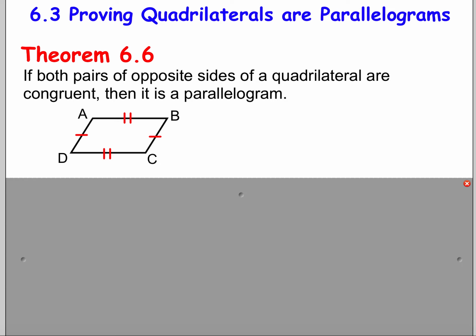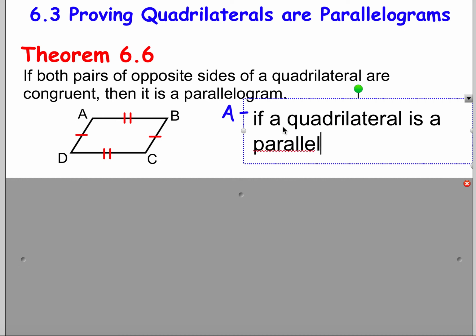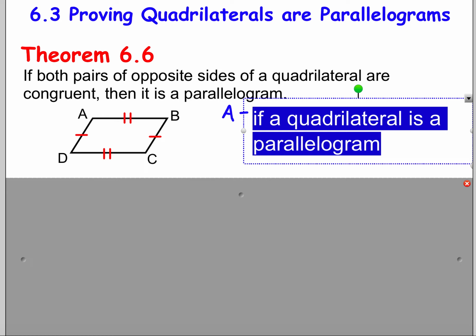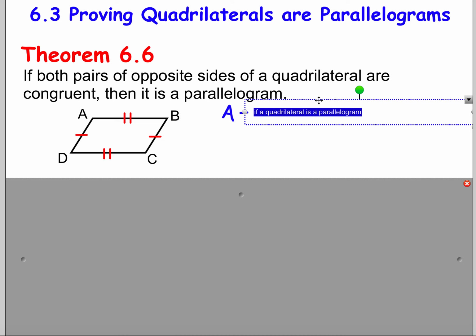Now what we're going to be doing in this lesson is very similar. We're going to be going back through each of those rules that we proved, but we're just going in the opposite direction. So let's say that statement A stands for: if a quadrilateral is a parallelogram.